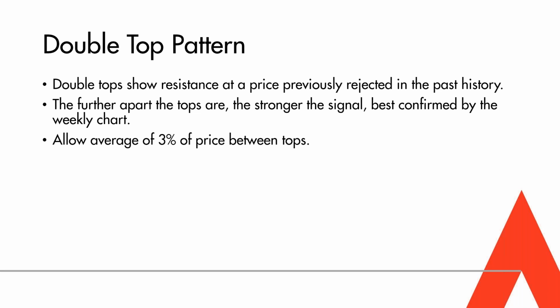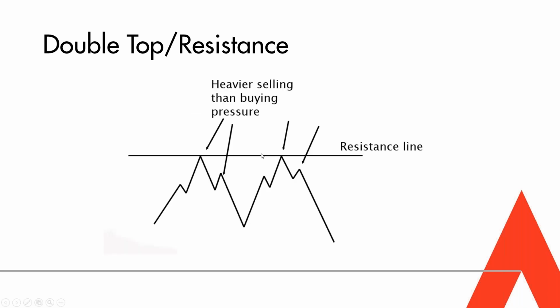So when you're looking at a double top, so it's two peaks you're going to be looking at, very rarely will they be perfect double tops exactly the same price. So the second peak here is allowed to be slightly above that first peak or slightly under that first peak by as much as 3% of the price value of the first peak.